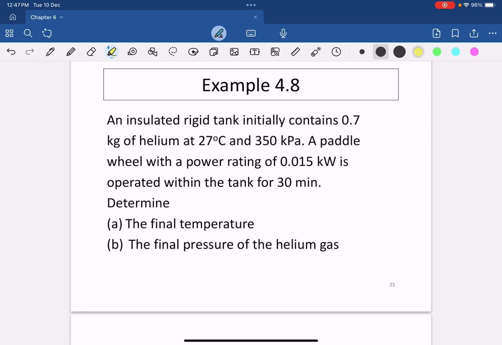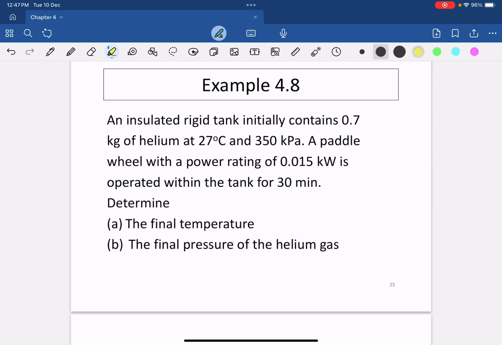A paddle wheel with a power rating of 0.015 kilowatt is operated within the tank for 30 minutes. Determine the final temperature.